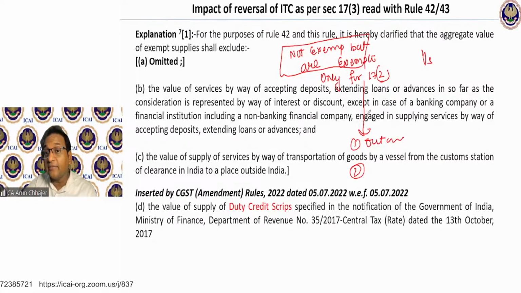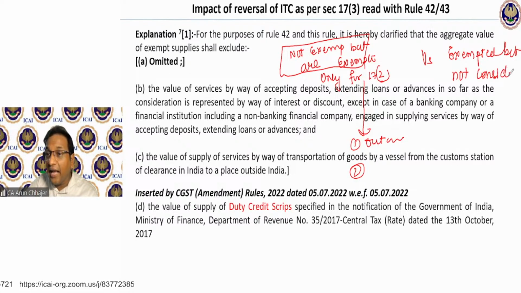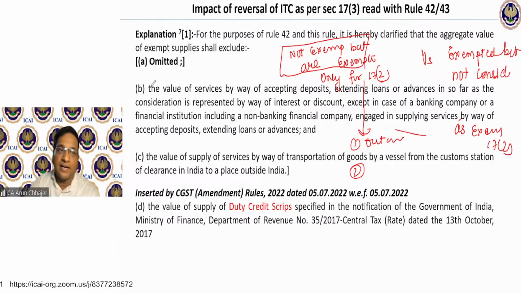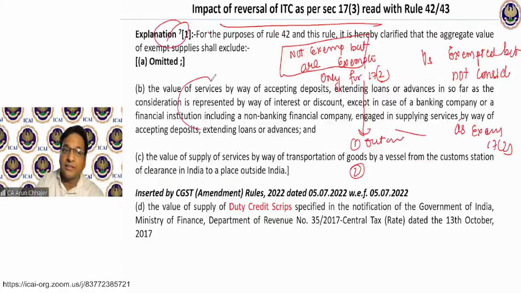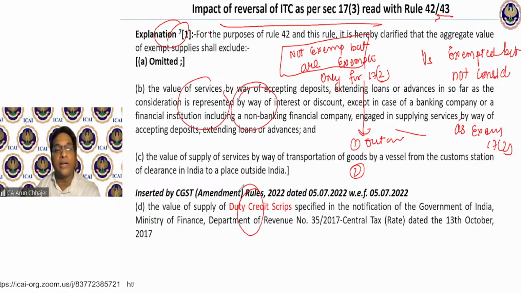Now I am saying that items which are exempted, actually the supplies are exempted, but not considered as exempted for 17(2). What is the answer? The answer is the explanation to rule 43. Rule 42, 43, they are having, effectively there are two entries.